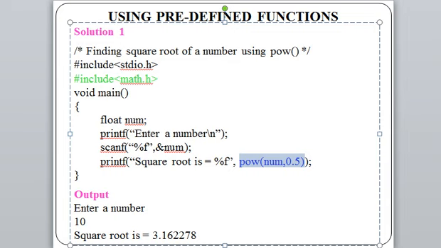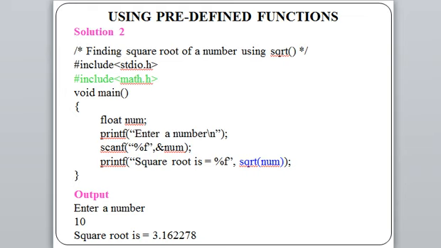So when you compute 10 to the power 0.5, it will produce the answer 3.162278. This is nothing but the square root of 10. When you execute this program with value 10, you will get the result 3.162278. Remember here, float is a single precision number. That's why after the decimal point you will have only 6 digits. Beyond 6 digits, the answer is rounded to 6 digits.